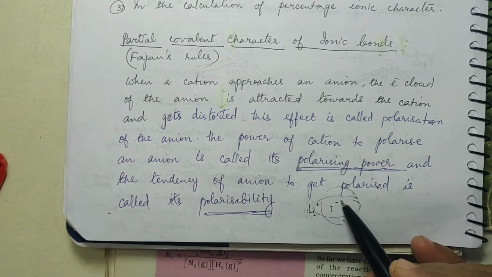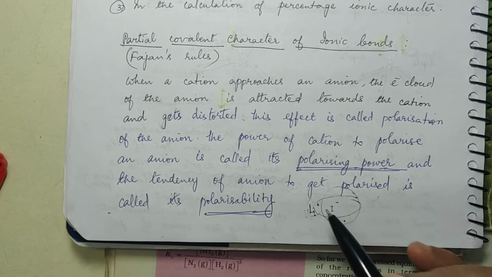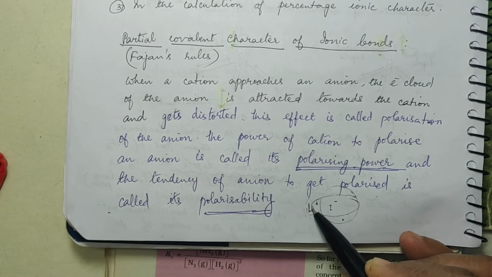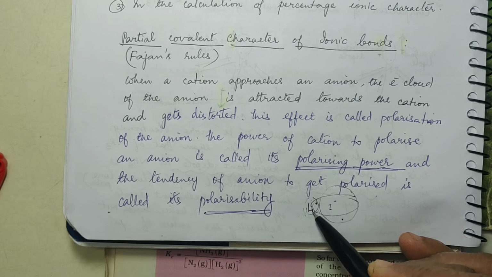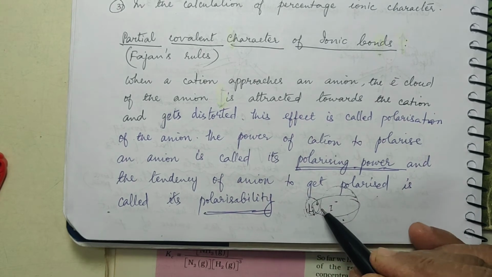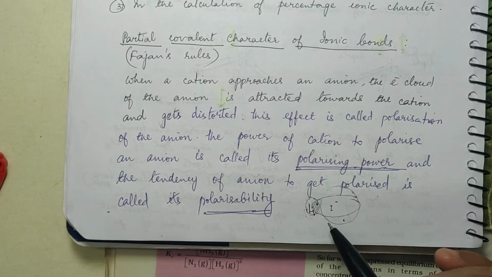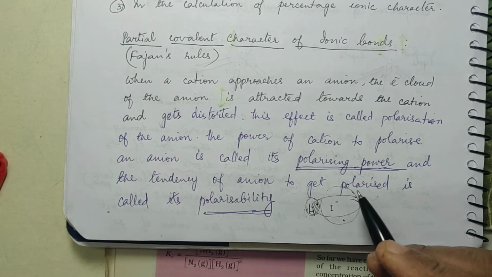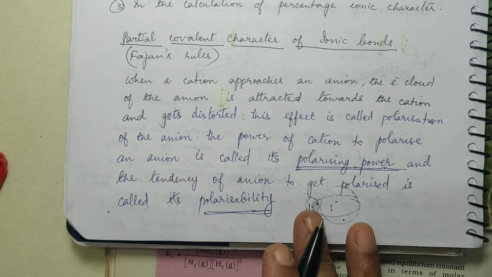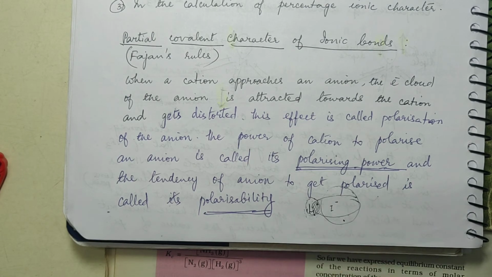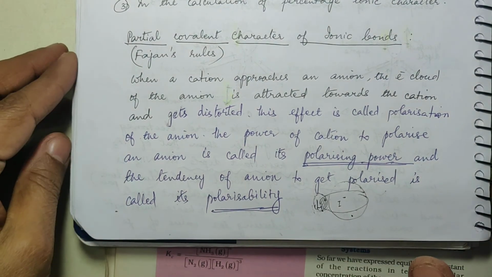So some of the electron cloud of this I minus falls into the positive sphere of Li plus. Is it not? So this region gets neutralized. When it gets neutralized, what happened? Ionic character decreased a little and covalent character increased. So this is what we are going to see.